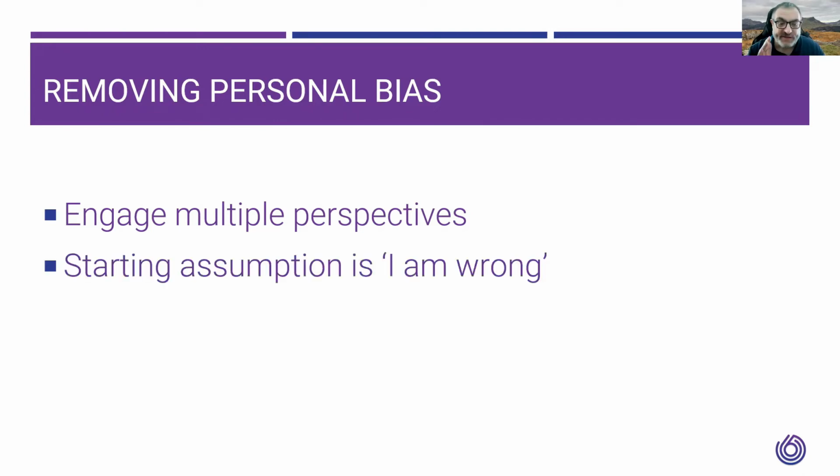You can work with a starting assumption that is simply that I am probably wrong about what I think is going to happen. Because let's be honest, in the complex world we live in now, that is almost certainly true. We are almost certainly going to be wrong about what we think is going to happen next. So actually, that's a great supposition from which to start our decision analysis. What if I am wrong?